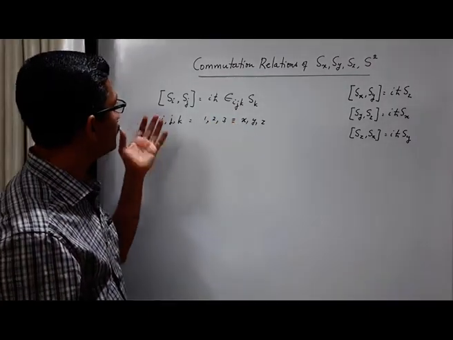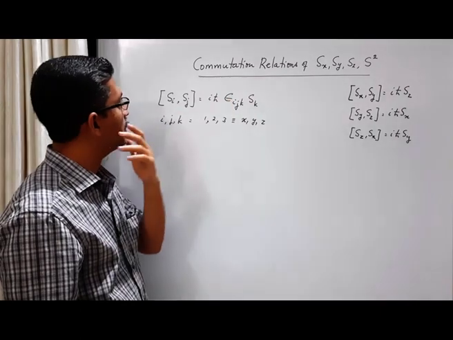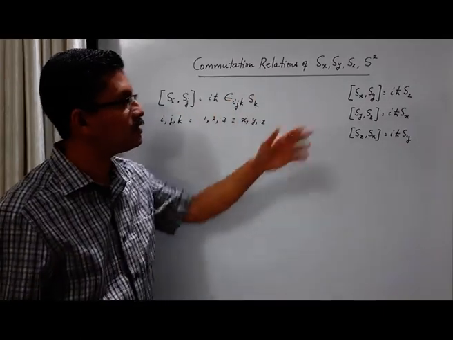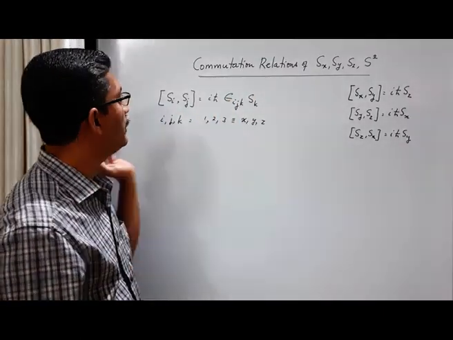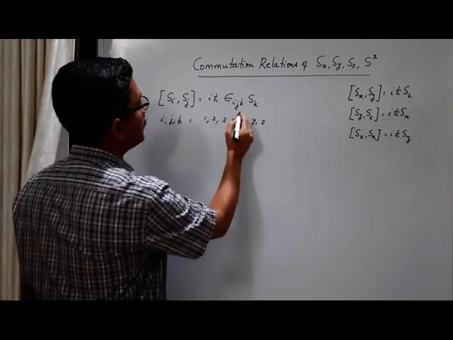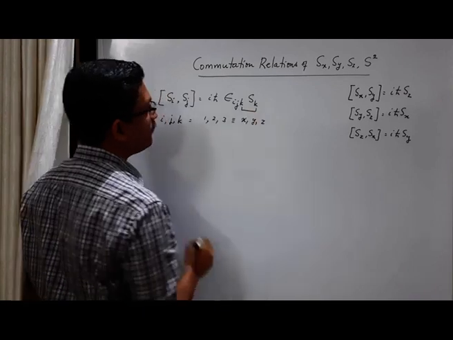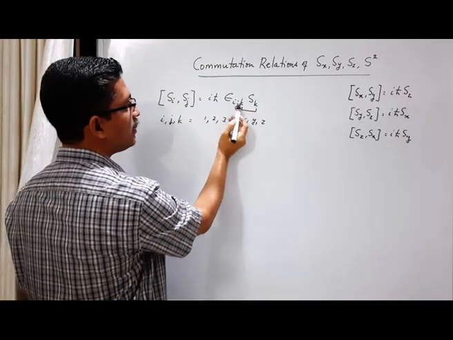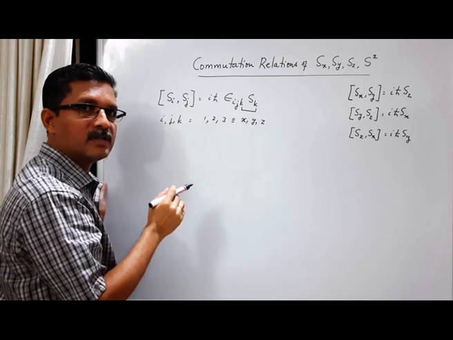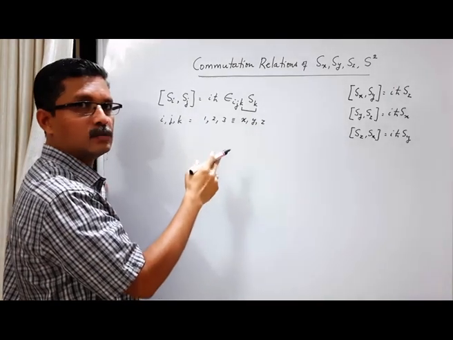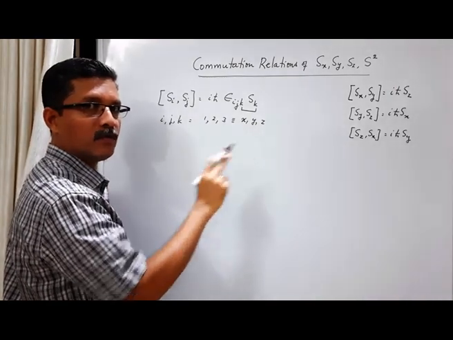Let us try to verify that this concise expression stands for these three relations. First of all, notice that in this expression k is a repeated index. According to Einstein's summation convention, any repeated index should be summed over all possible values.